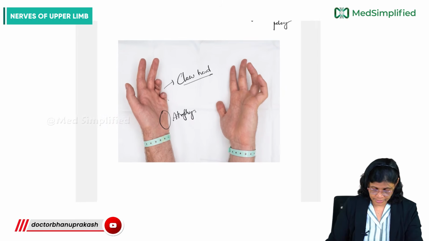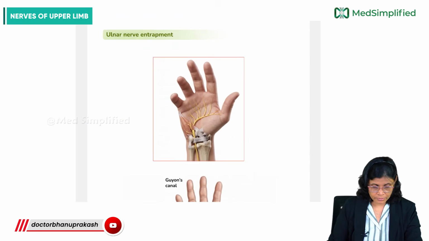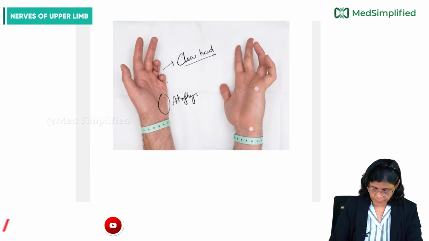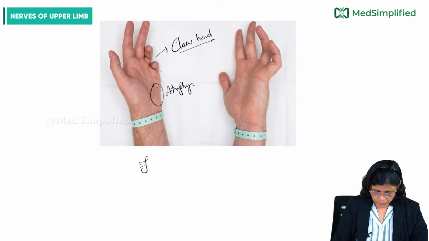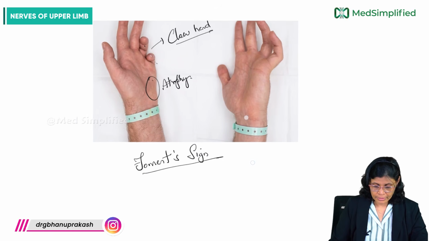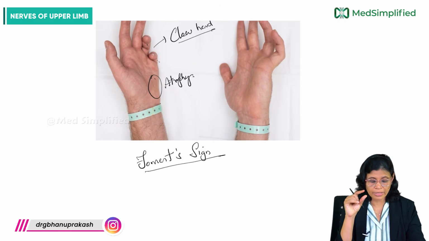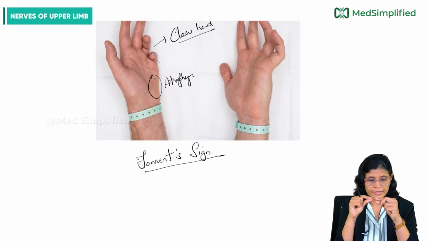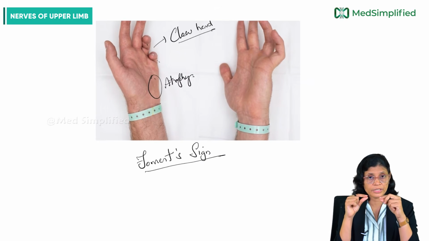In this case, there is a positive sign. I'll show you the test later. The positive test is called Froment's sign. Froment's sign is for the ulnar nerve. The patient is asked to grasp a card between the thumb and the index finger, and we try to pull it to see the power there.